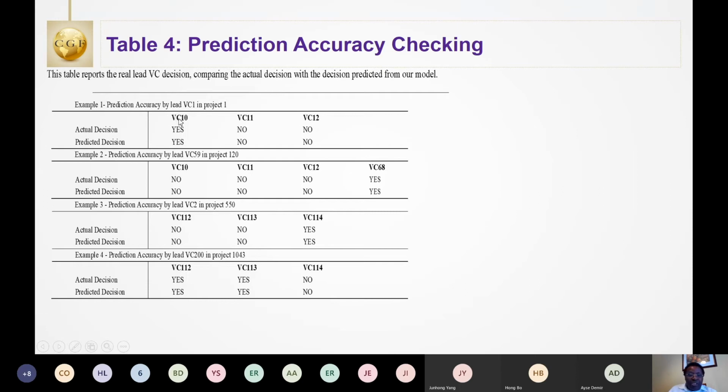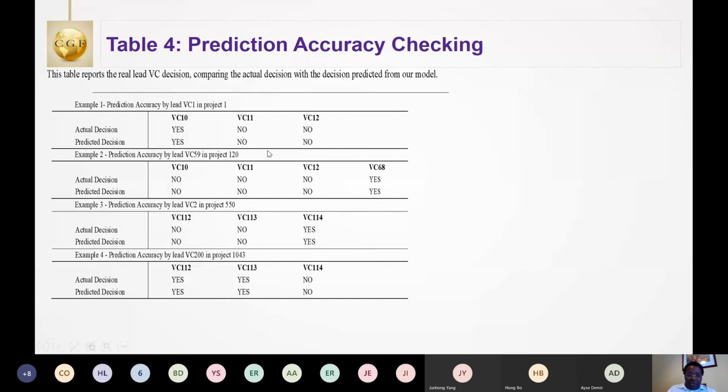And basically, we see our results here that the actual decision is yes, the predicted decision is yes. VC11, actual decision no, prediction no. VC12, no, no. So again, for the lead VC1, we get high prediction accuracy for our model.